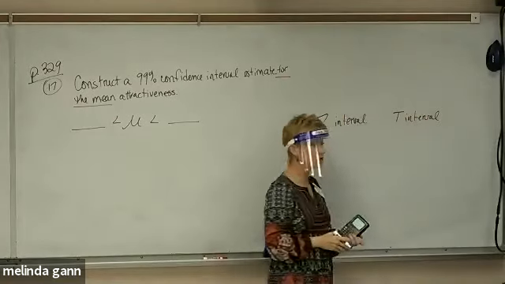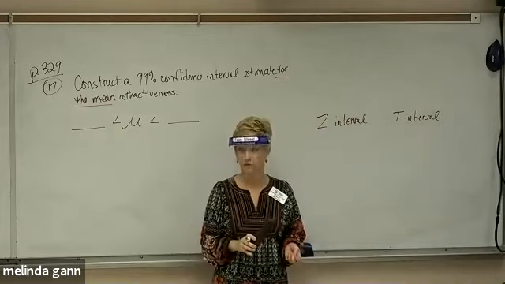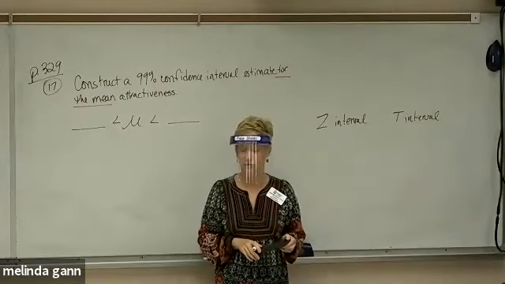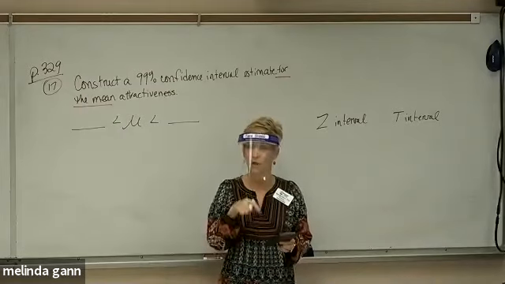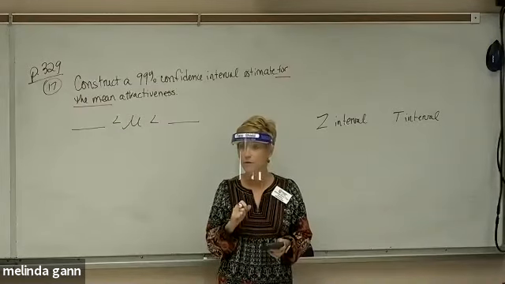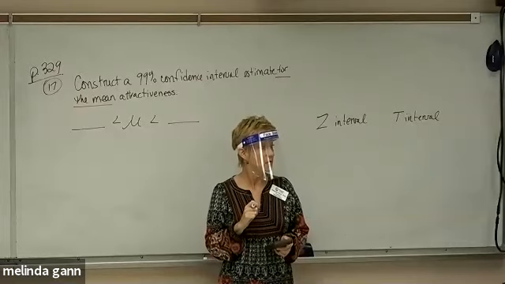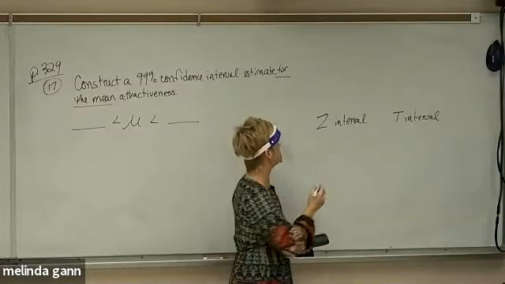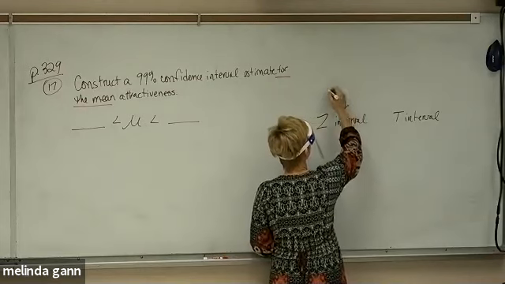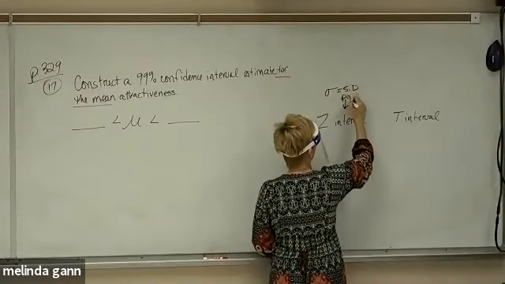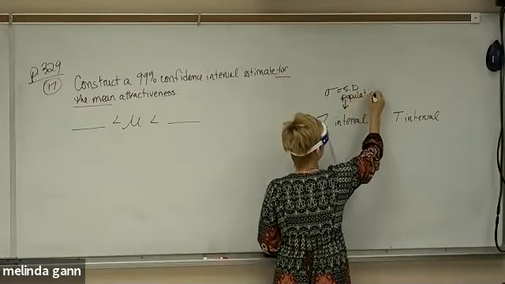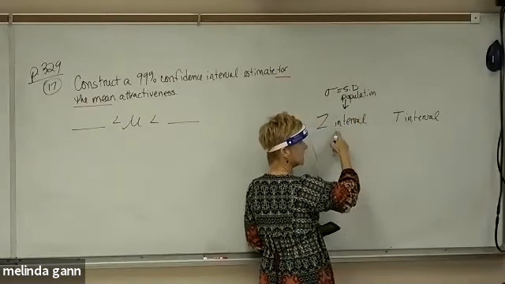I'm going to decide between z interval and t interval. Look back in your notes: how do I decide whether to go to z interval or t interval on this calculator? It depends on the standard deviation. If I know sigma, the standard deviation for a population, I go to z.